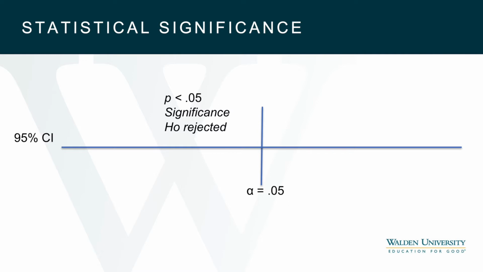On the right side of alpha, I would have engaged with non-significance and I would not be able to reject the null. I would have to retain it. And after this brief refresher on research questions, hypotheses, and statistical significance, we are now ready to start our t-test presentation.